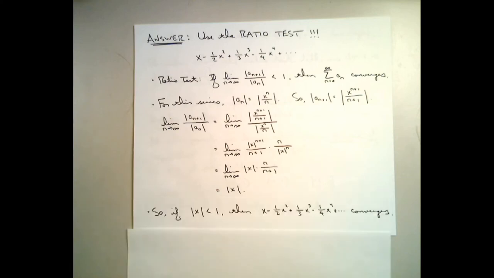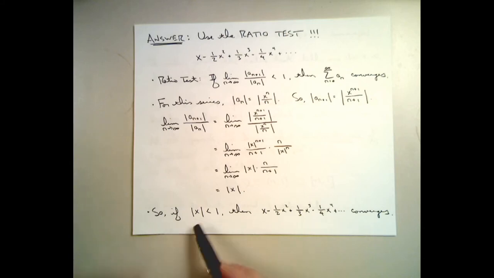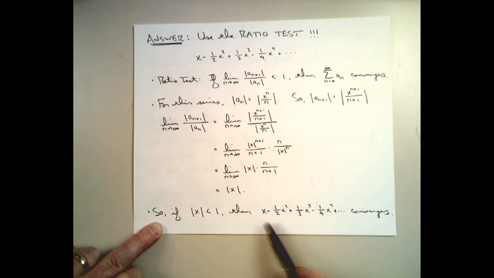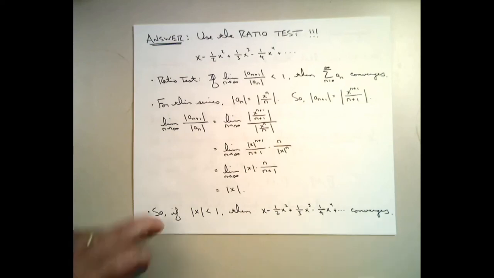Right? And that's exactly what I've got here. So if the limit as n runs off to infinity of absolute a n plus 1 over absolute a n is less than 1, then the series converges.